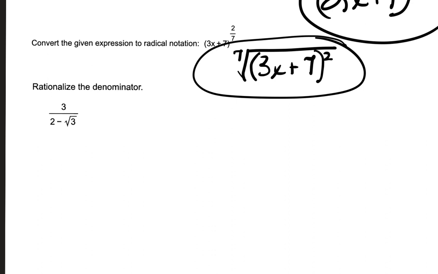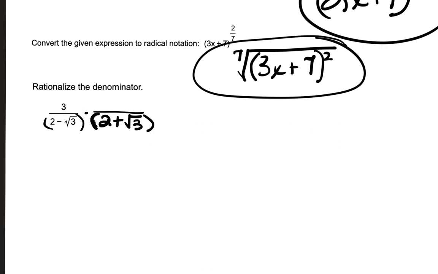That's what rationalizing means. So what you do is we're going to use what we call the conjugate. Take the one you're trying to rationalize, the one that's got the square root in it. We're going to use the conjugate.